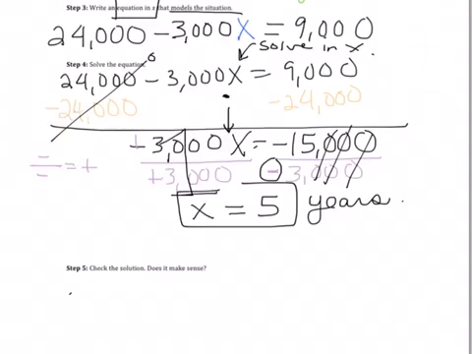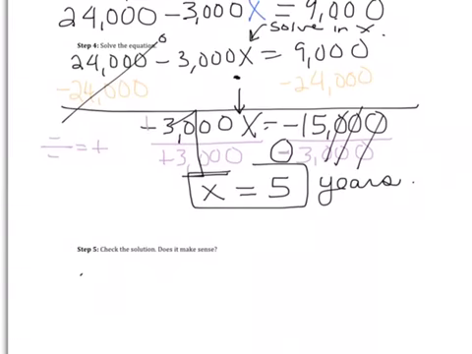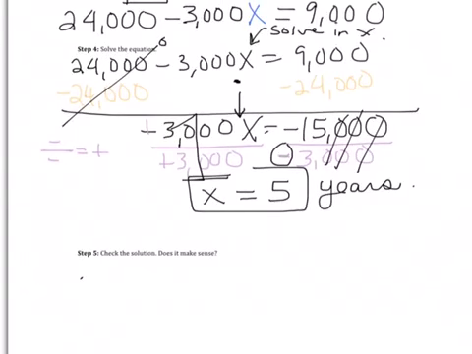Step 5 is check the solution. Does it make sense? Well, here's our equation. So let's actually substitute that x and see if we actually do get $9,000. And again, this is our blue.